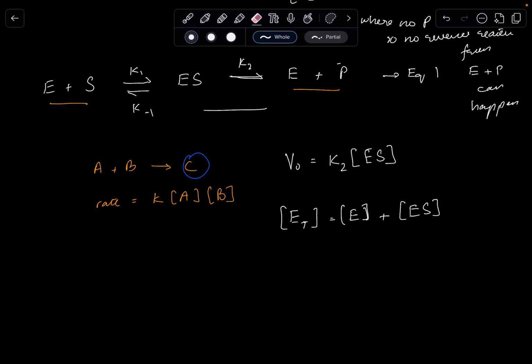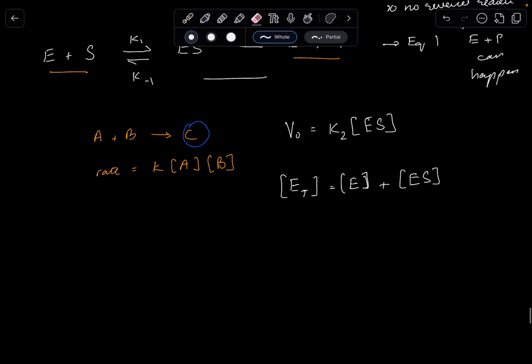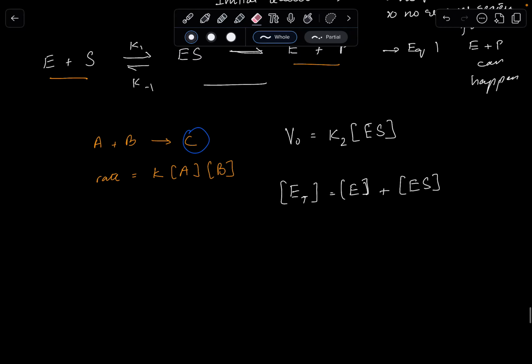Now we're going to try to derive the Michaelis Menten equation by using what we know about rate laws and some other assumptions that we'll make along the way. So what is the rate of formation? How do we form ES?